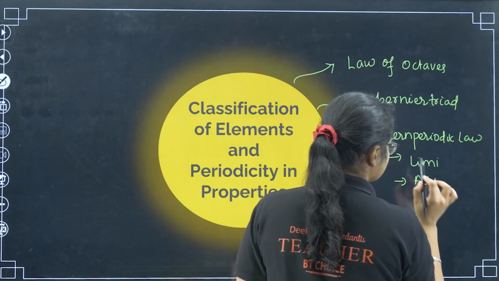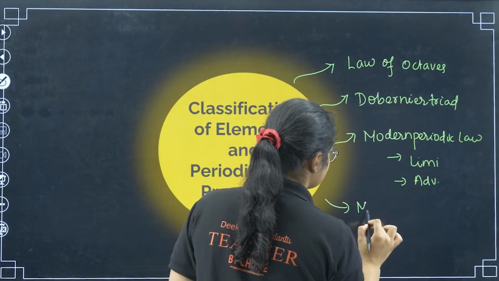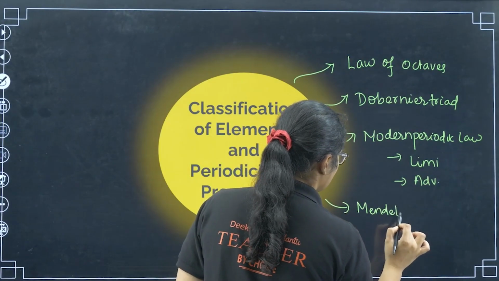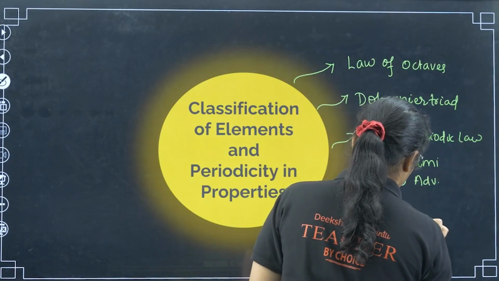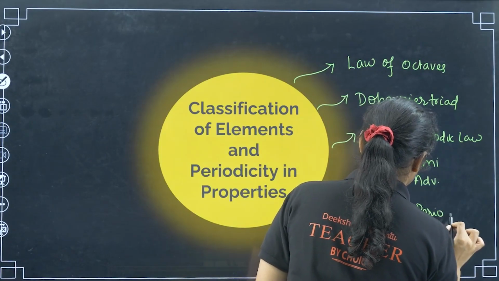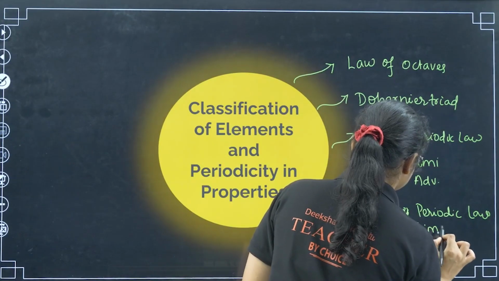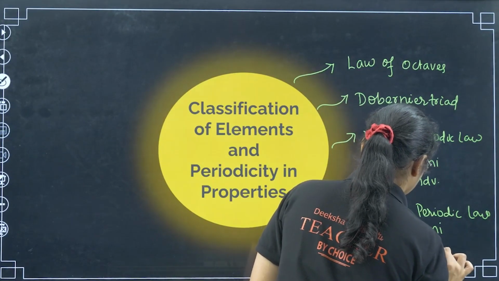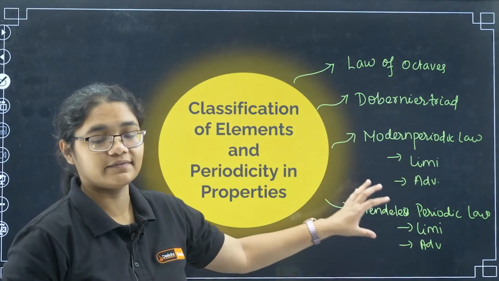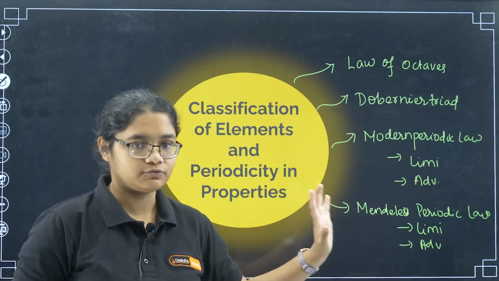Then Mendeleev's periodic law, where similarly you should know the limitations and advantages: what were the good things, and what were the missing things in this particular law.